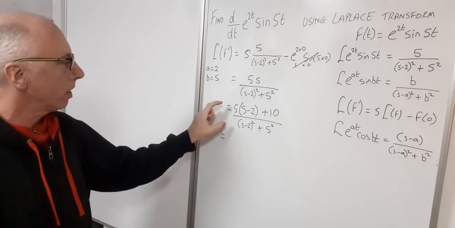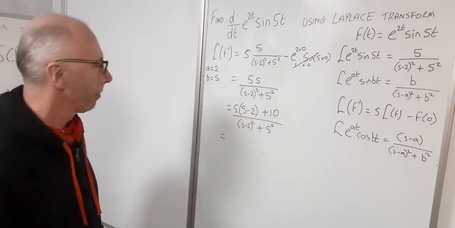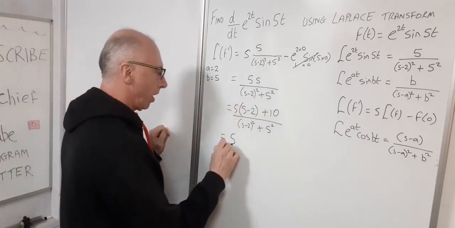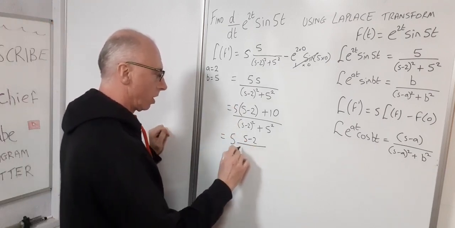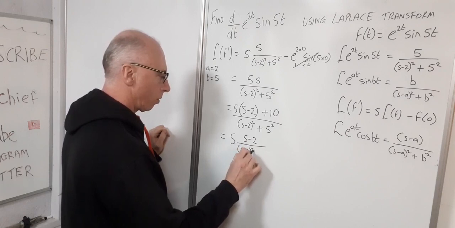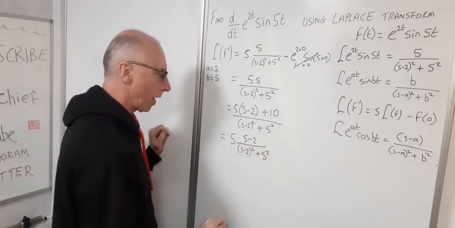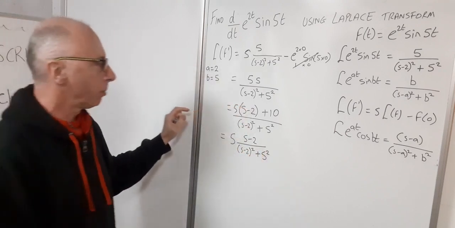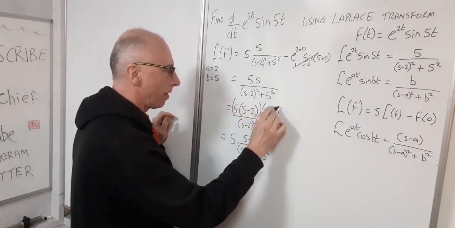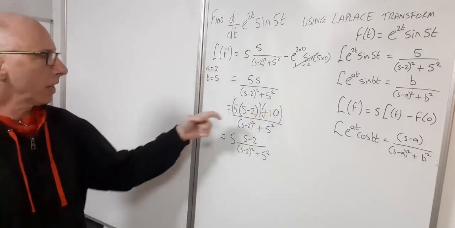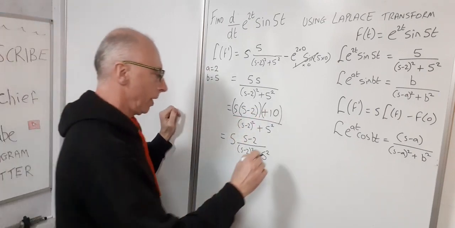What I can do is I can now break this apart. So now I can write 5 times s minus 2 over s minus 2 squared plus 5 squared. So I'm going to effectively break this fraction apart. I'm going to have this bit and this bit. So now I can add 10 with my same denominator.